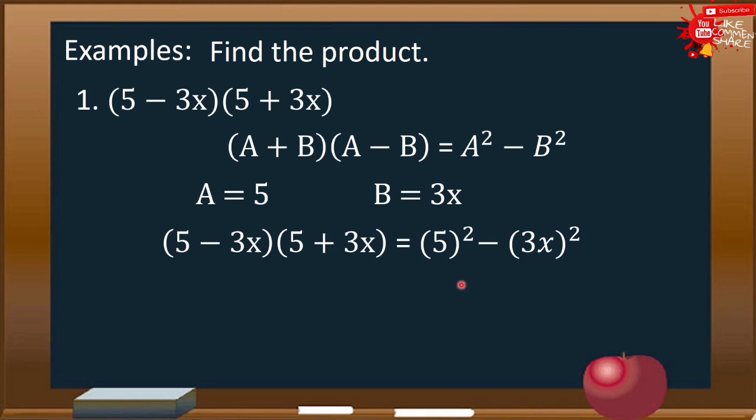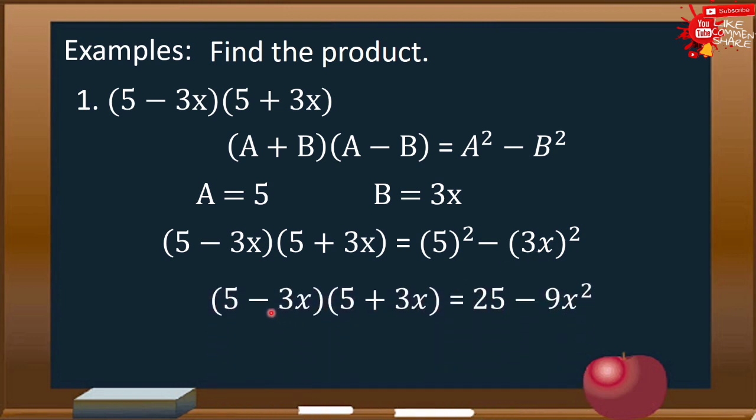Then, let us simplify. So, we have here the quantity of 5 minus 3x times the quantity of 5 plus 3x is equal to the square of 5. So, what is the square of 5? So, it means 5 times 5. So, that's why we have here 25. Then, minus. So, we just copy the minus sign and the square of 3x. So, ano ba yung ibig sabihin ng square of 3x?